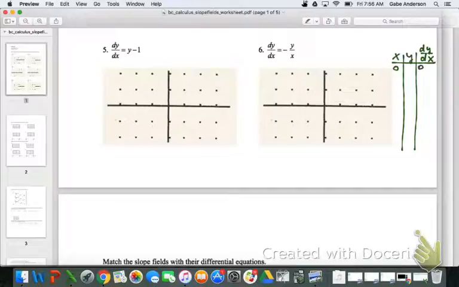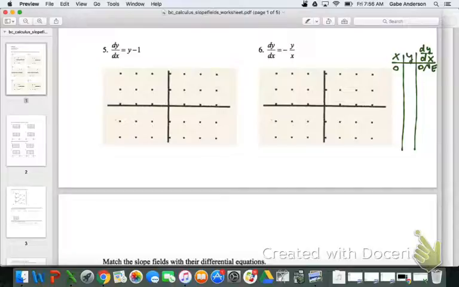Okay, so when I say x is 0, what are we talking about on the graph? The y-axis. So because the y-axis is going to contain all DNE slopes, we're going to leave the y-axis blank. Please don't try to draw in some kind of a vertical little slope field there. Just leave it blank because literally dy dx does not exist. So don't put anything there. Okay.